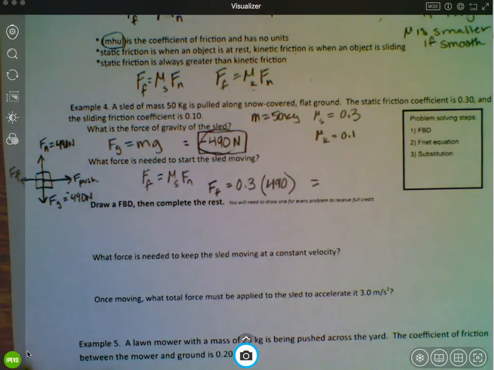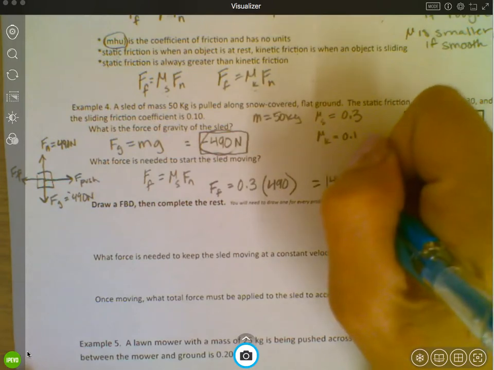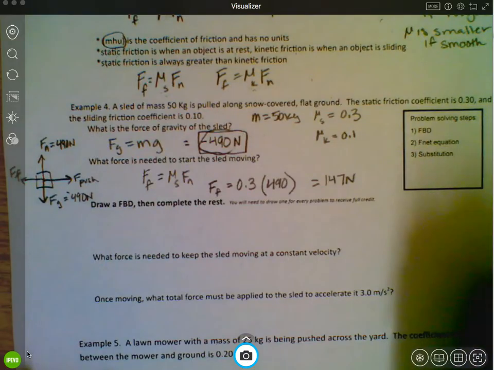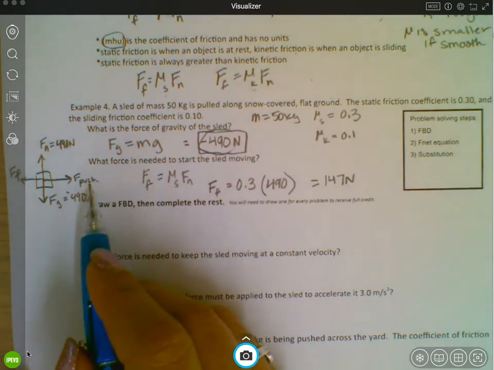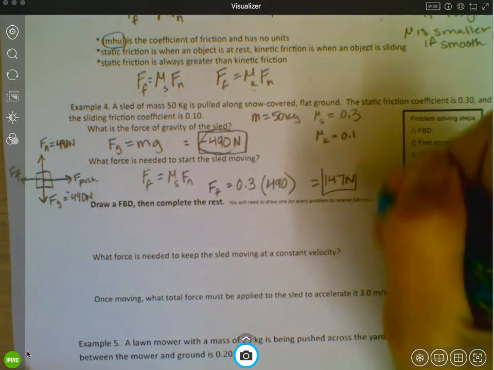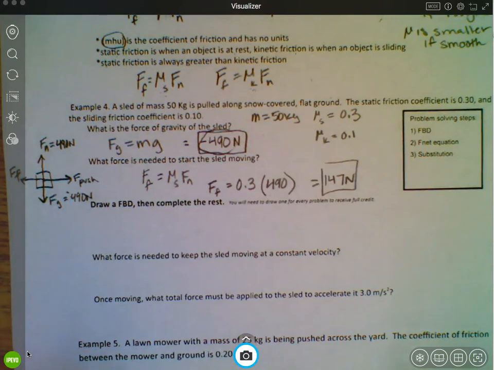And so that friction is 147 newtons. So if we want to start it moving, we need to push with at least 147 newtons. So we can just box that. Don't change it to like 147.1, because technically 147.000001 would also work. So just 147 is fine. That's the very least amount of force we would need to start it moving, okay?